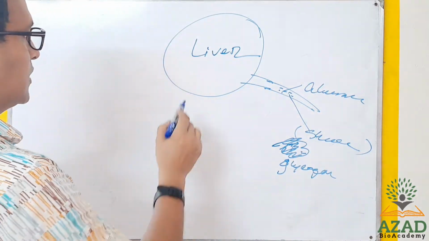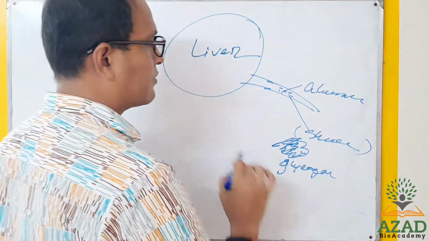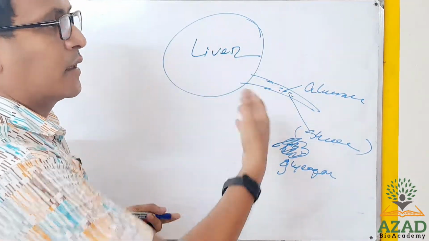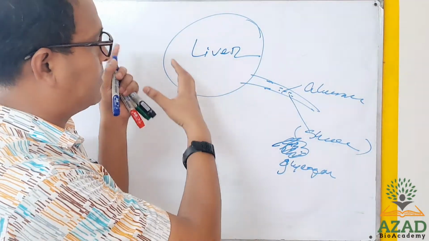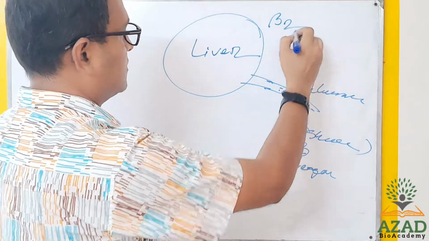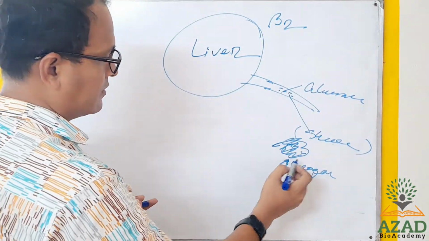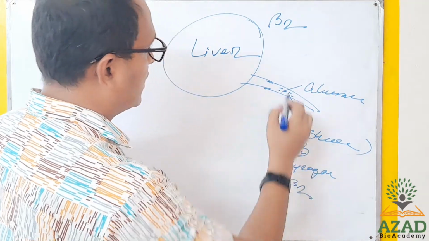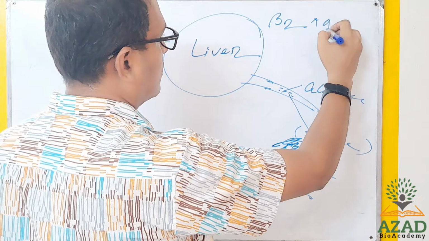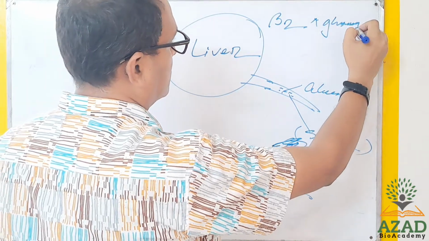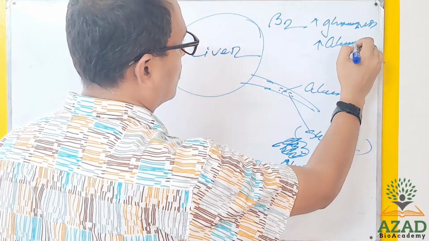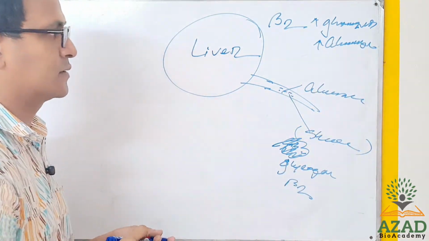So in the liver, glycogenolysis will be activated. The process will be facilitated by the beta 2 receptor, and also in the skeletal muscle. So beta 2 will increase glycogenolysis and also increase gluconeogenesis.